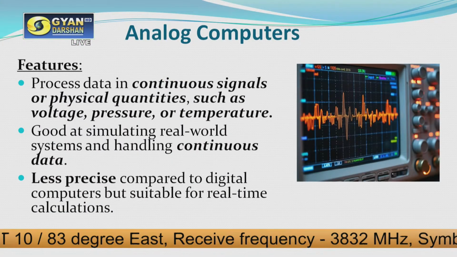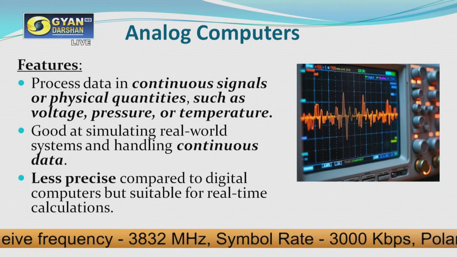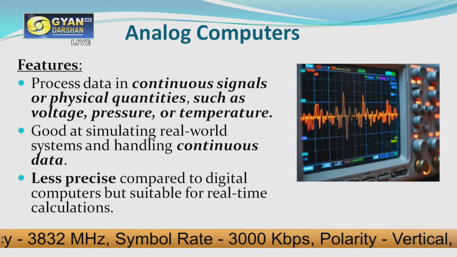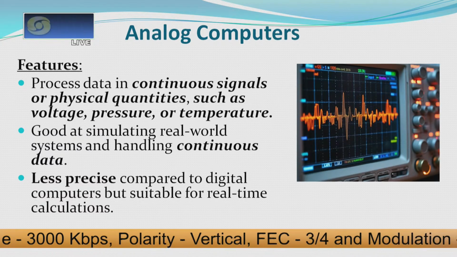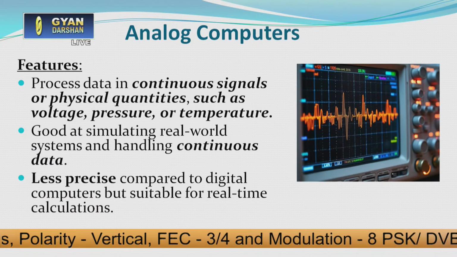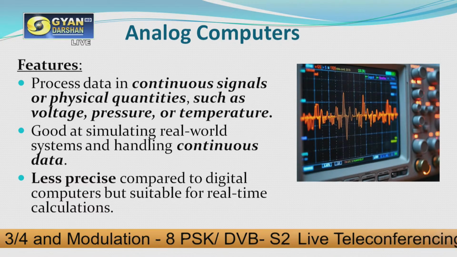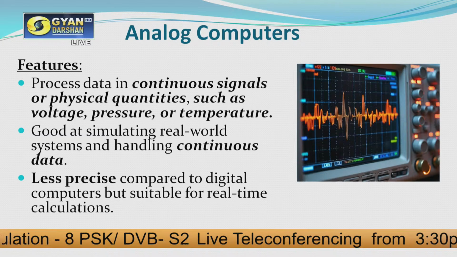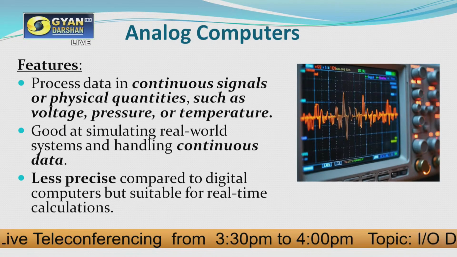As the name itself suggests, it receives continuous signals. It processes the data in continuous signals and physical quantities such as voltage, pressure, and temperature. In order to work with these kinds of continuous signals, you don't require the digital computers. There is a necessity of taking the input as continuous signals, so here the requirement is the analog computers.